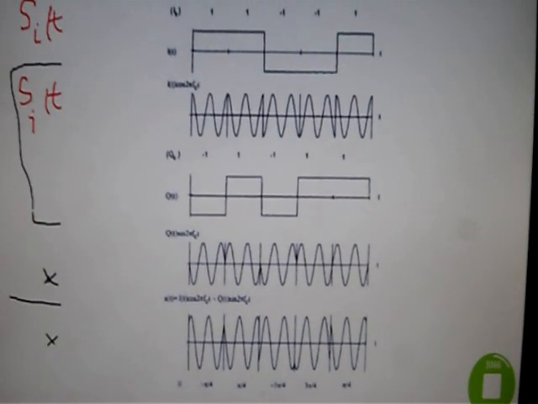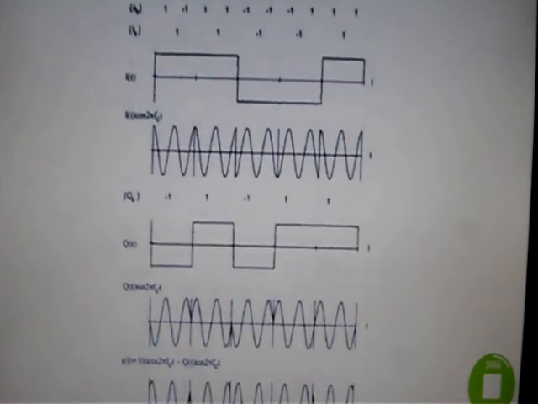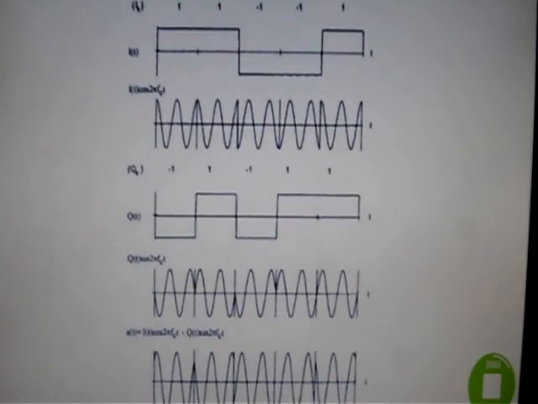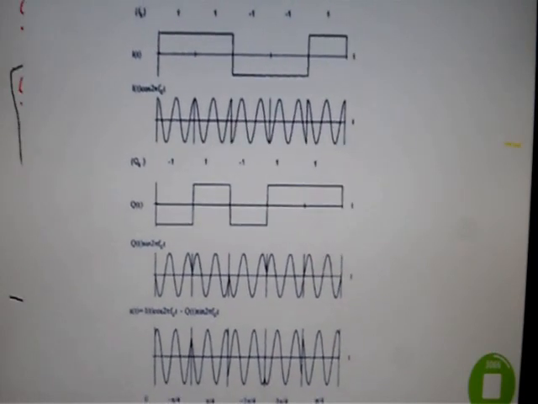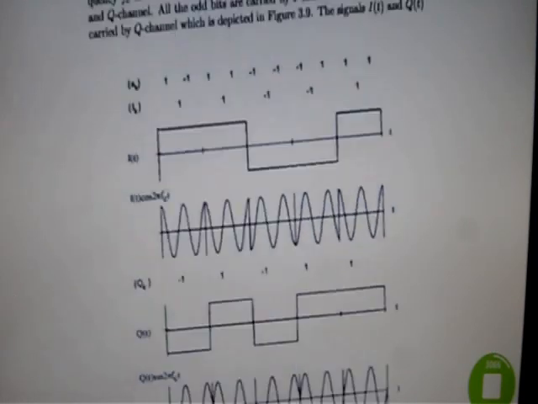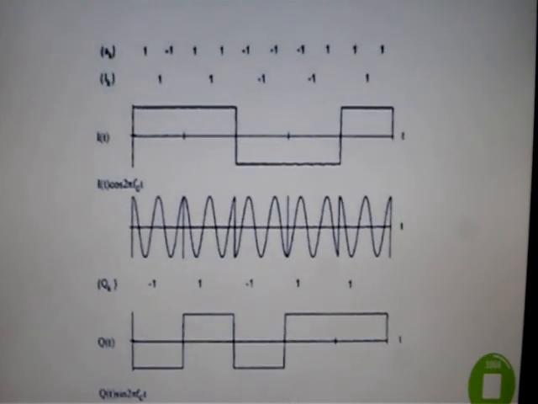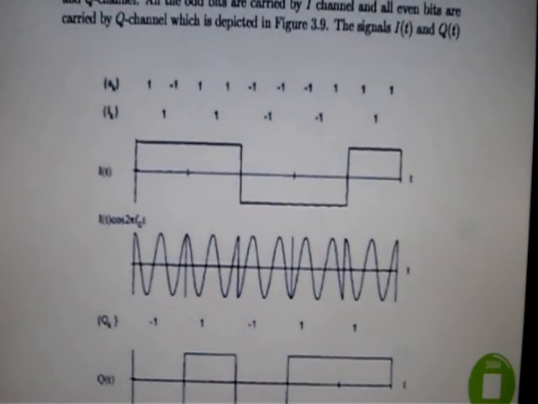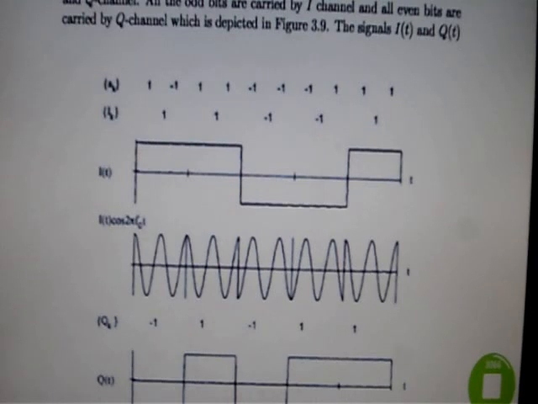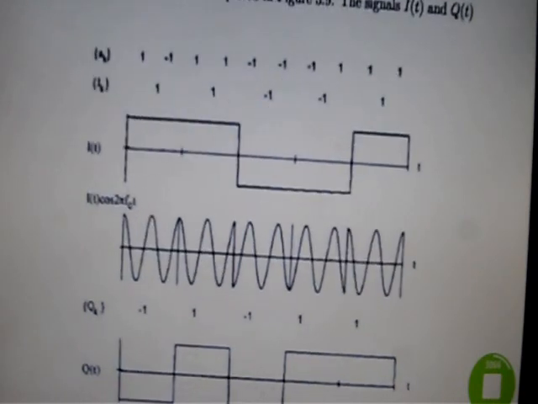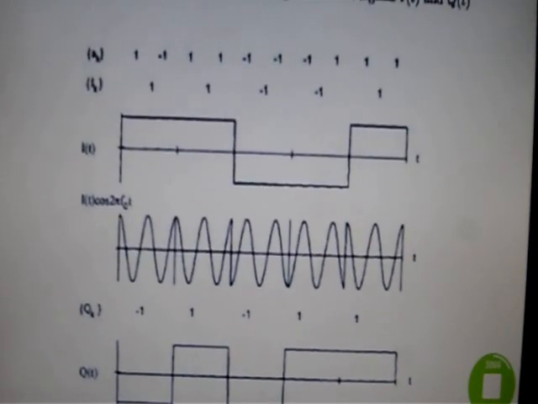Figure 3.9. Now the things which are necessary here in this figure, I'll specify each and everything, but let me first show you the diagram at block level, and then I'll explain this figure to you.